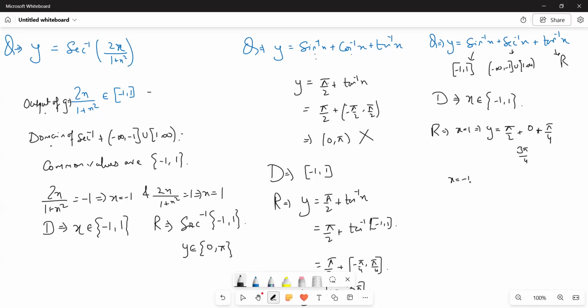And if x is equal to -1, y would be sin inverse of -1, which is minus pi by 2, plus sec inverse of -1, which is pi, plus tan inverse of -1, which is minus pi by 4. So this would be pi by 4. So the range would be the values pi by 4 and 3 pi by 4.